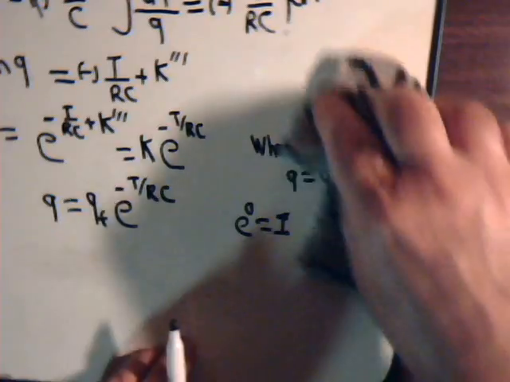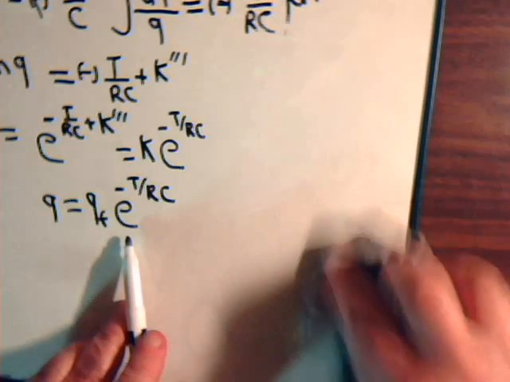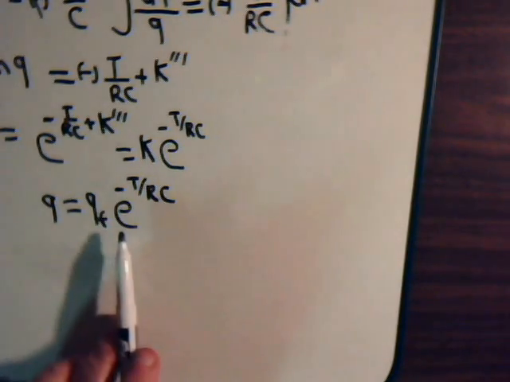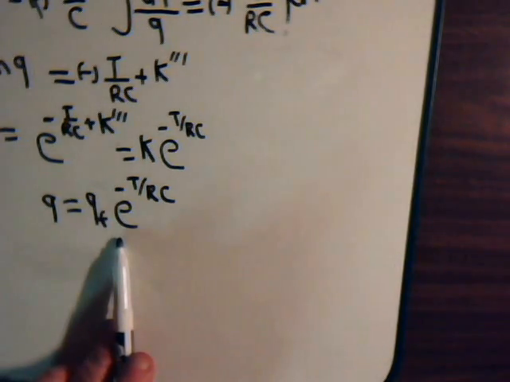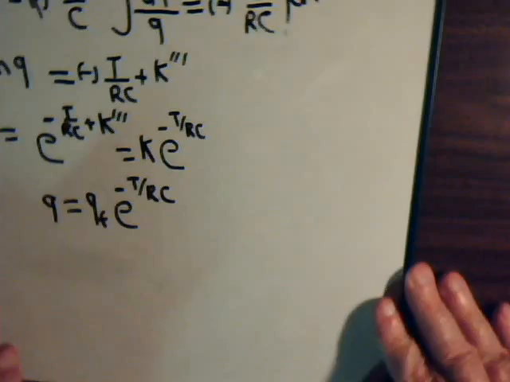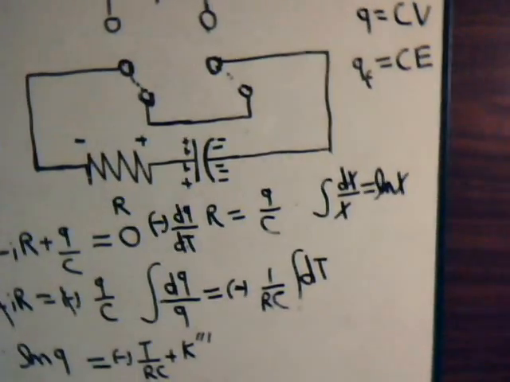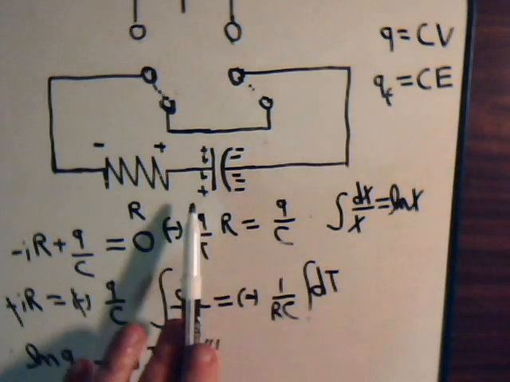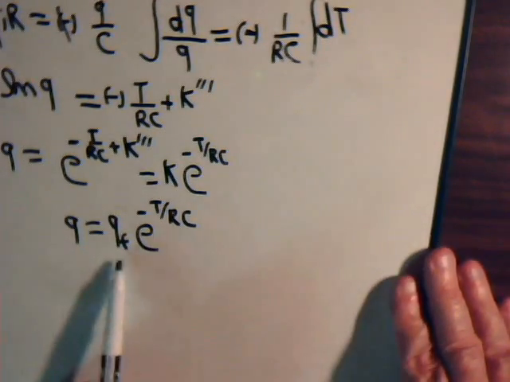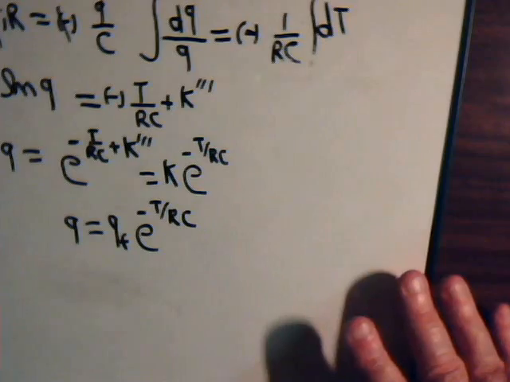And again, as we explained in the last video, this is to a negative exponent, so as time gets larger, this number becomes exponentially smaller. So all we're saying is that the charge on the capacitor initially was QF, was fully charged, and then when we throw this switch, it's just going to decrease exponentially.